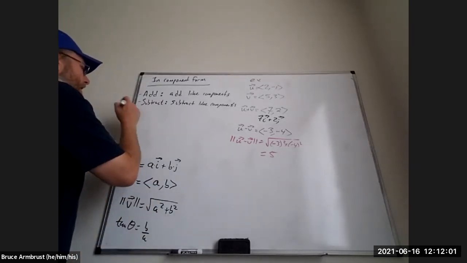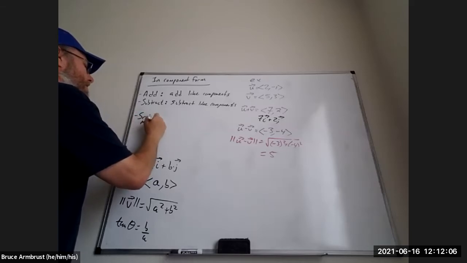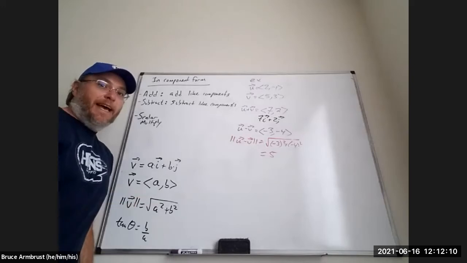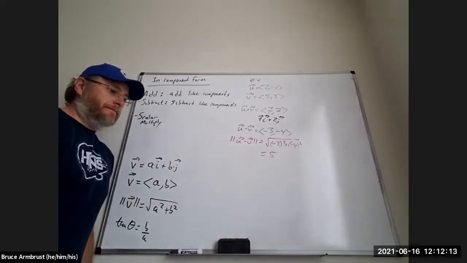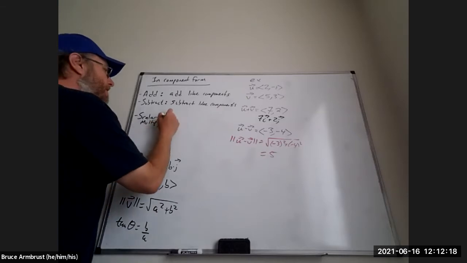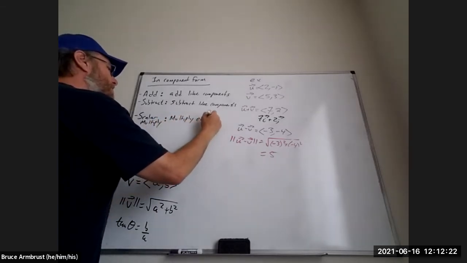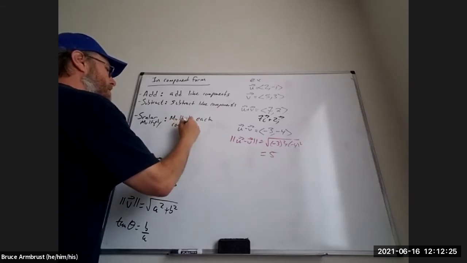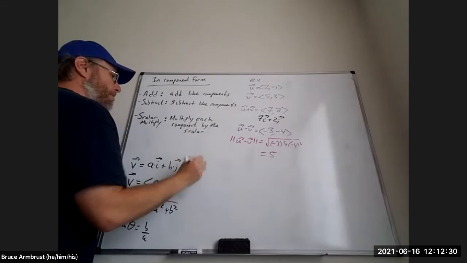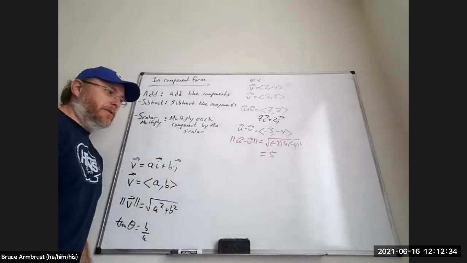All right, so then lastly, how about scalar multiplying? So this was the take a vector and multiply it by some number. The way that we do this is you just multiply each component by the scalar. So in essence, you distribute it through.